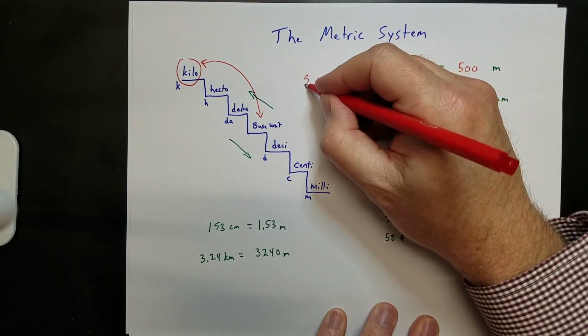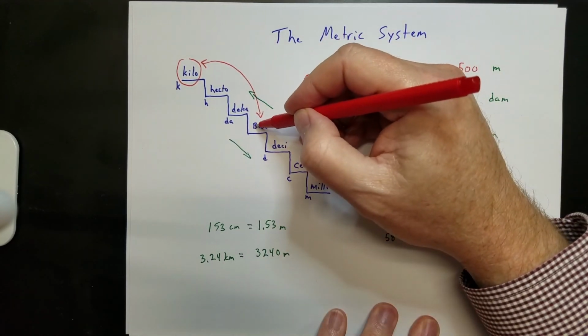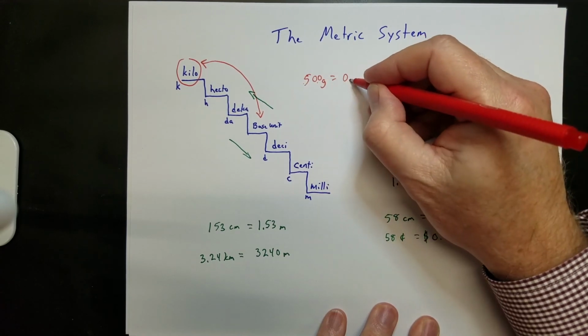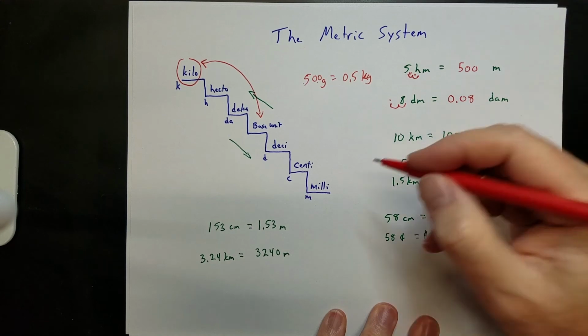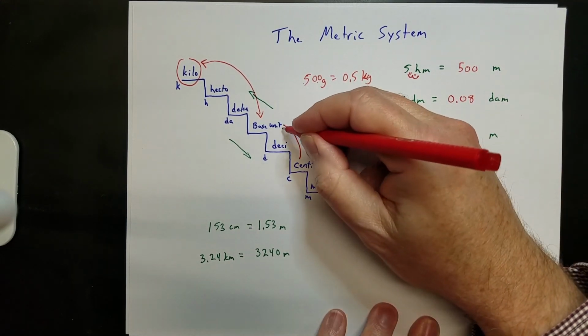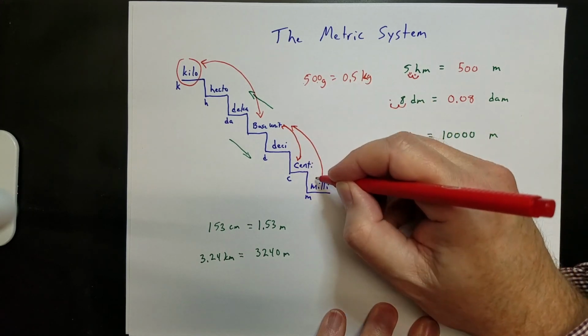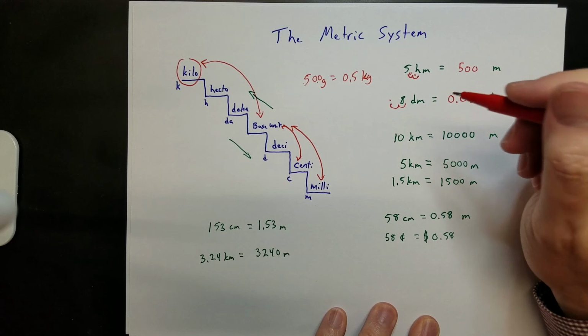So 500 grams, go up 3 steps, 1, 2, 3, go over 3 spots, is 0.5 kilograms. Being able to go from centa up to your base unit and from milli up to your base unit and back. Those are the 3 main important conversions that you need to know.